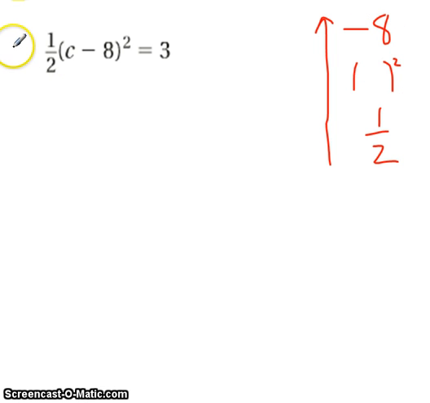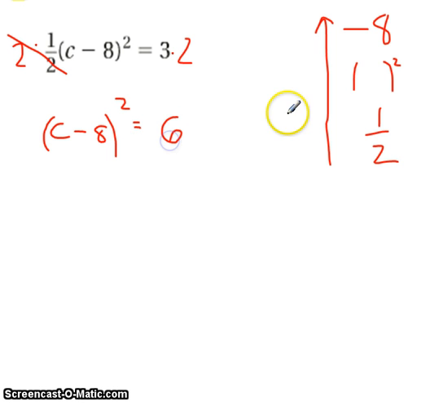So let's see, multiplying both sides by 2, that undoes the 1/2. That leaves me with c minus 8 to the second power equals 6. Let's see, I have to undo squaring, so I'm going to square root both sides.